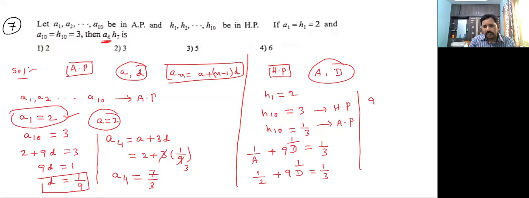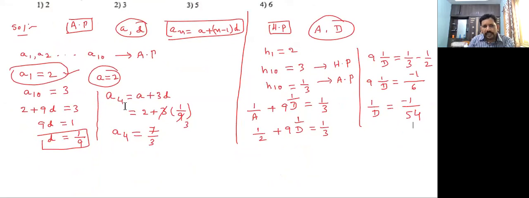So 9 into 1 by D is equal to 1 by 3 minus 1 by 2. Take LCM: that is 2 minus 3 over 6, minus 1 over 6. Now 1 by D is equal to how much? Minus 1 by 54.